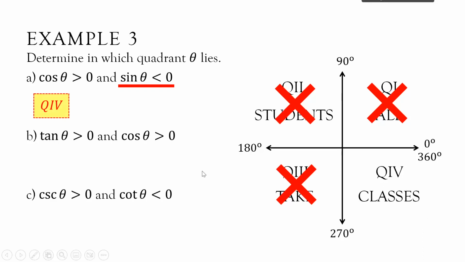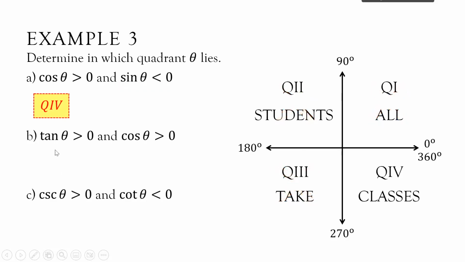Alright, so now using that same intuition, let's deal with parts B and C. On part B, tangent of theta is positive, and cosine of theta is positive. So similar to before, I'm going to focus on this first trig function. Where is tangent positive? Let's see, quadrant 1, yeah, tangent is positive.